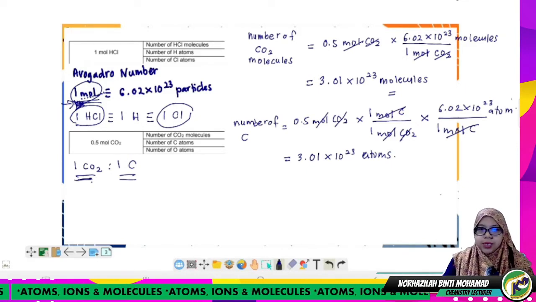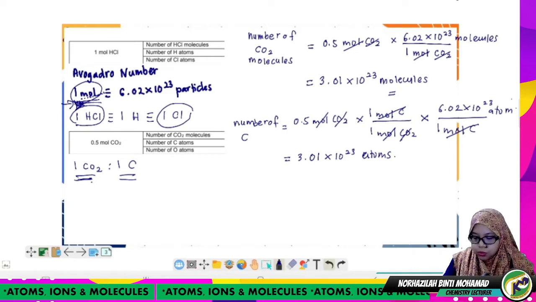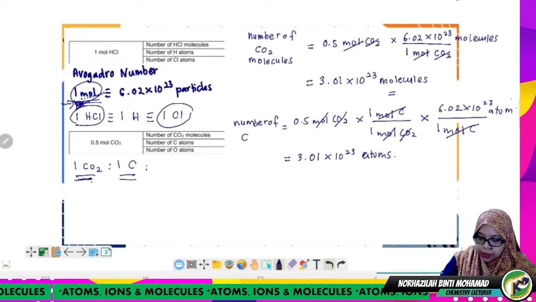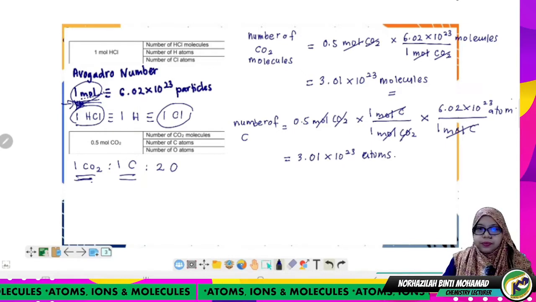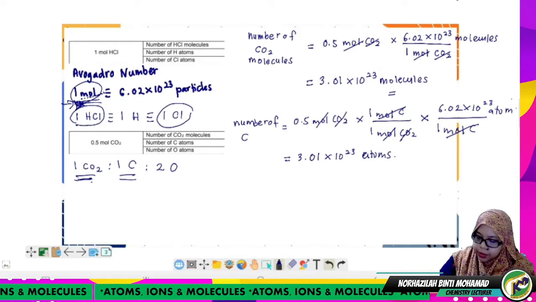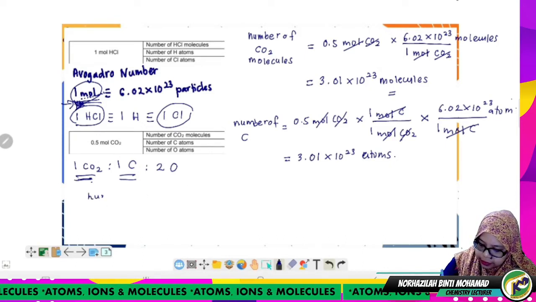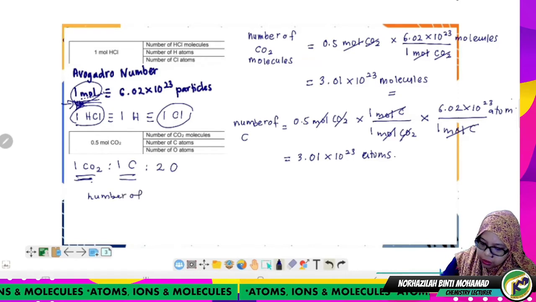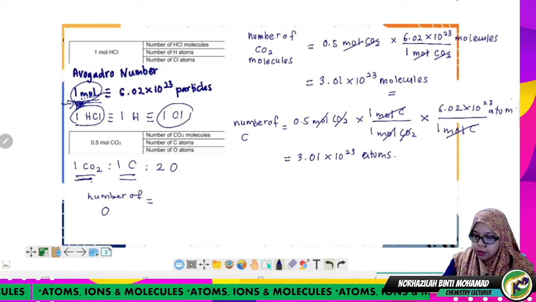How about question 3? Number of oxygen atoms. We need to determine how many oxygen atoms are in CO2. From the formula, we know that one CO2 contains 2 oxygens. So what would we do? Number of oxygen is equal to... we calculate the mole first.